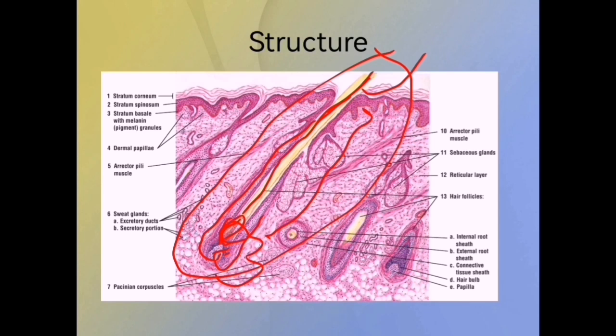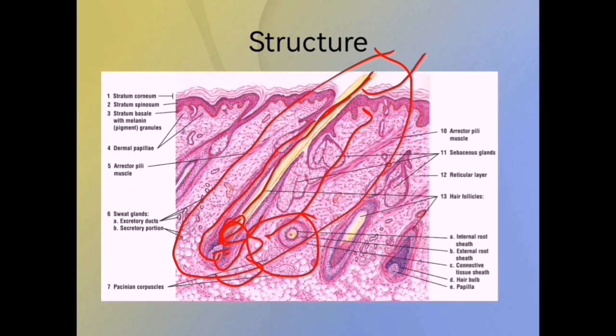Now let us look at the cross section of the hair, this one here. At the center of the hair, that's where we find the medulla. This medulla is characterized by keratinocytes which are moderately keratinized, large and vacuolated.